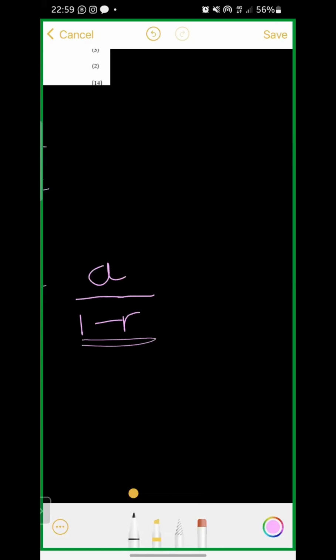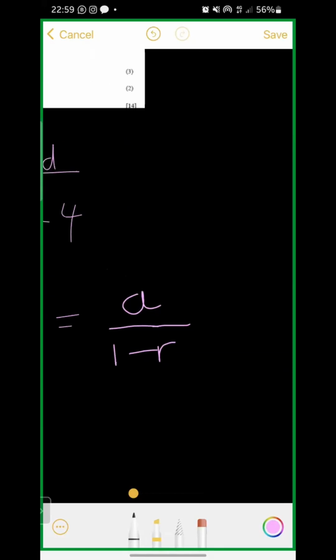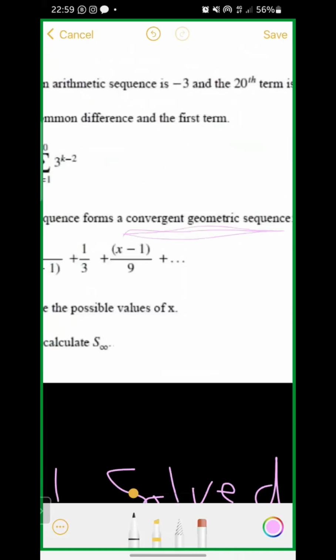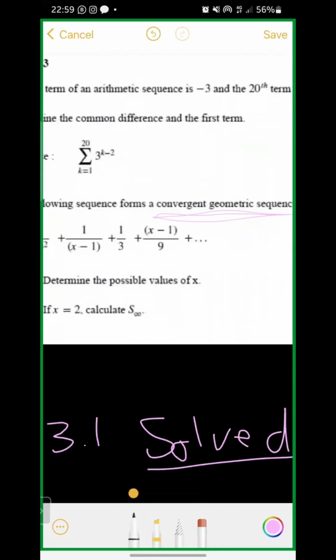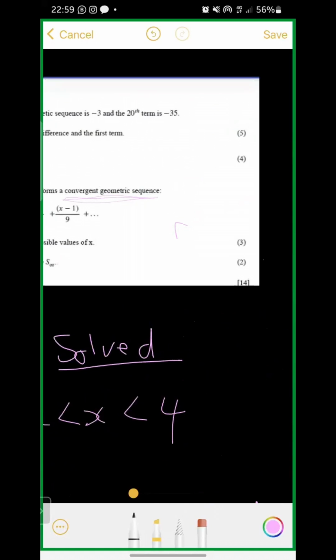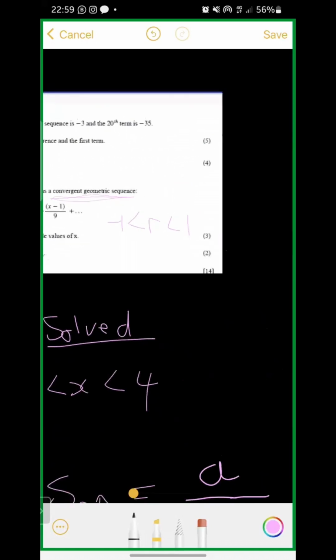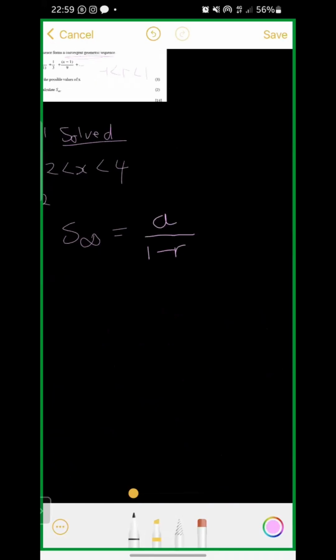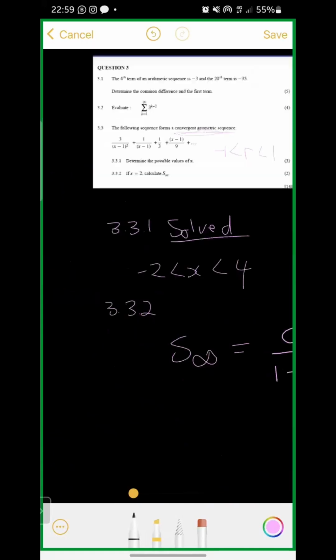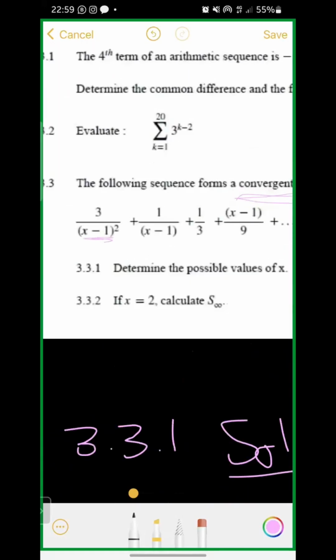So we can only get a sum to infinity if we have a convergent geometric series, where r is between -1 and 1. Here we do not have the value of a, but we know we can replace x and get a.